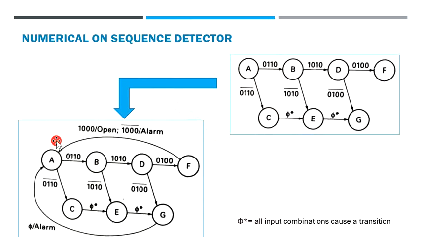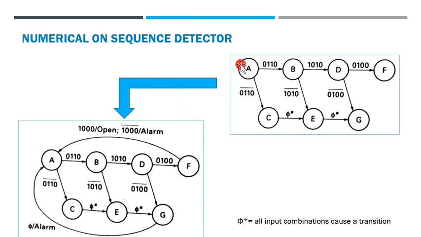So the state will be changing to A from F and also from G. So from both these conditions, if 1 0 0 0 is incorrect, then from both F and G you are going to move to state A.